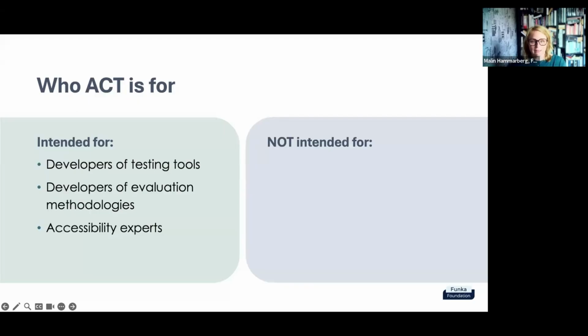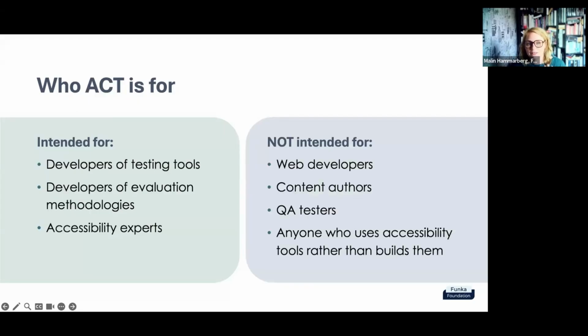For others, like web developers, content creators, QA testers, or anyone who uses accessibility tools rather than building them, it's not something you need to learn in detail, but it still affects you because it influences how tools and audits work, so how you interpret results.